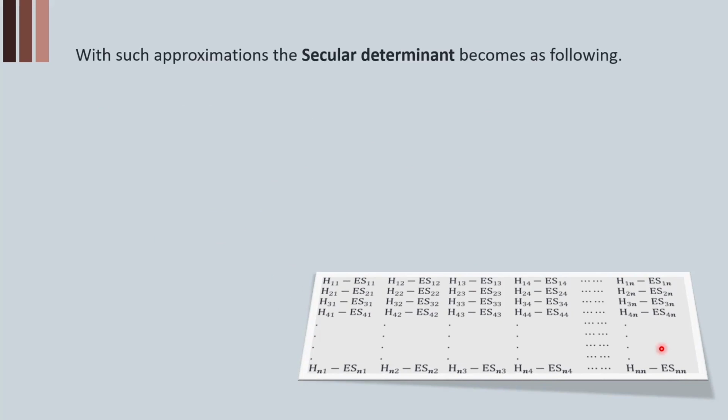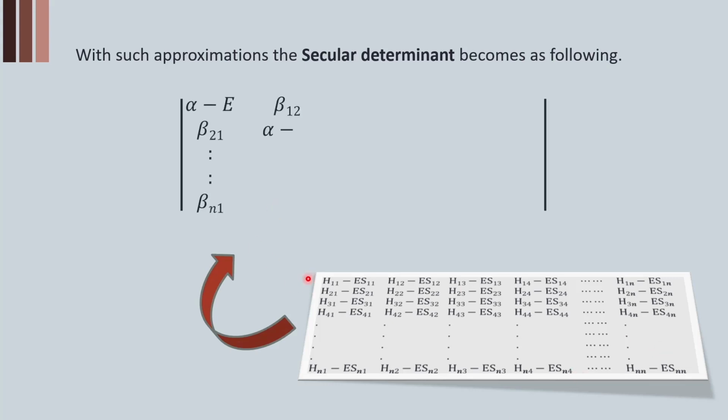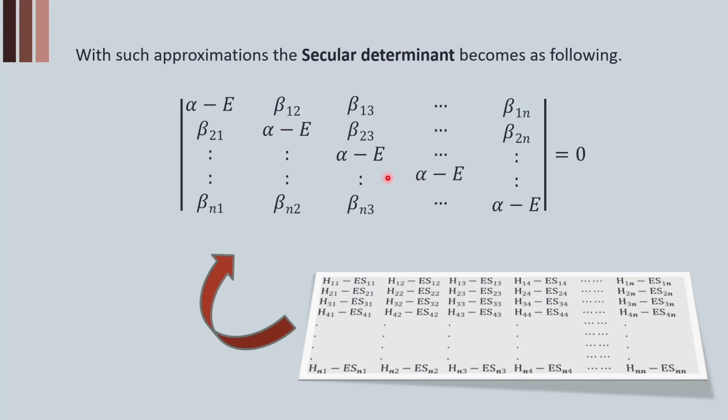As far as the secular determinant is concerned, in light of the new approximations, Hij is equal to alpha if i is equal to j and equal to beta if i is not equal to j. All the diagonal elements turn into alpha minus E, because H11 is alpha and S11 would be 1, so what is left is alpha minus E. So alpha minus E terms run diagonally while all the beta terms run off diagonal.